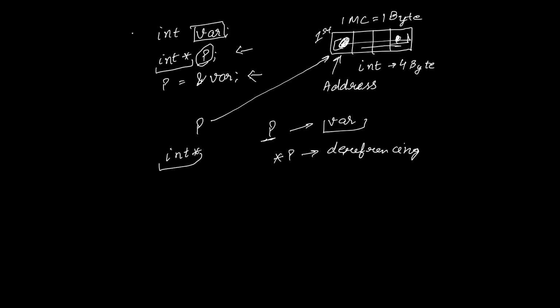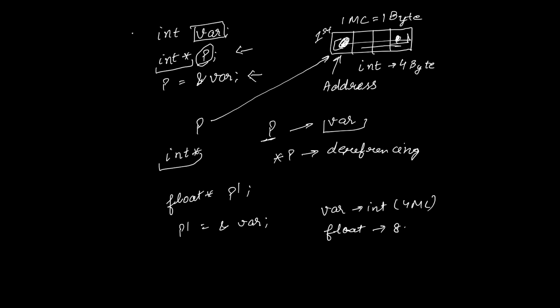Now if I say my pointer is float star p1, and I point that p1 to my var variable, it does not make sense. Why? Because my var variable is of type int and takes 4 memory cells, but a float takes 8 bytes, which is 8 memory cells.